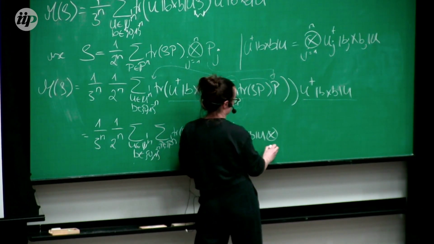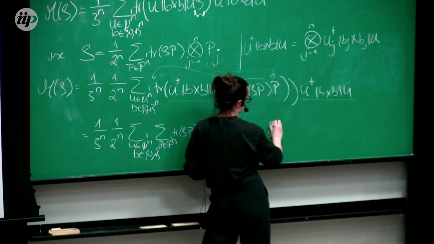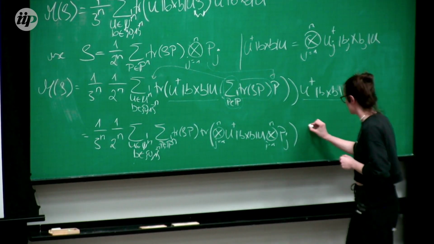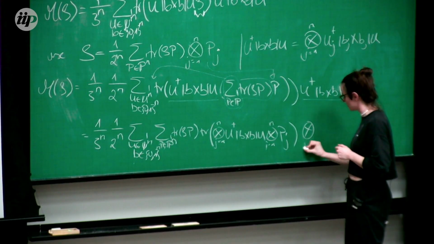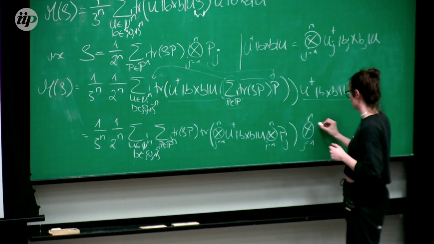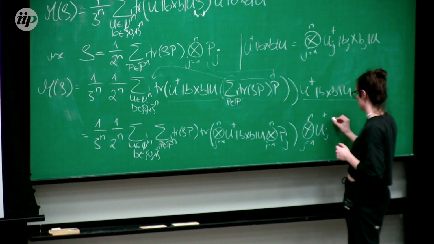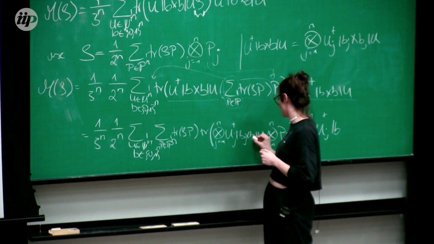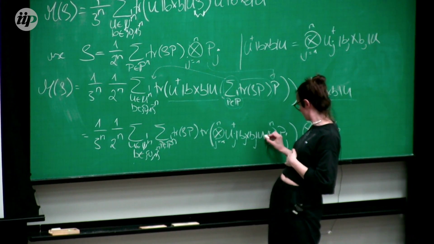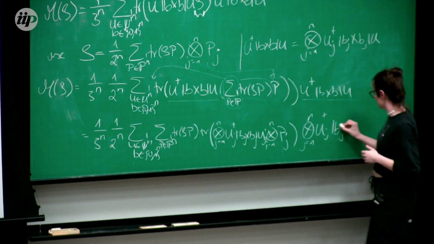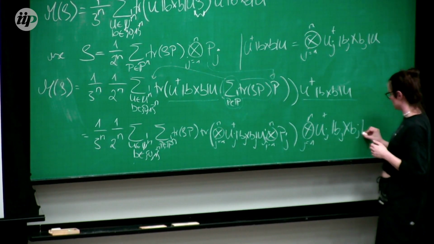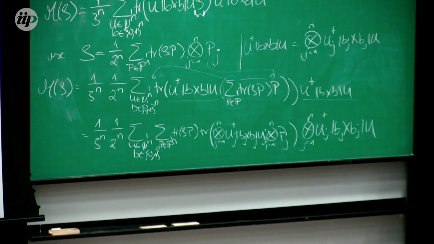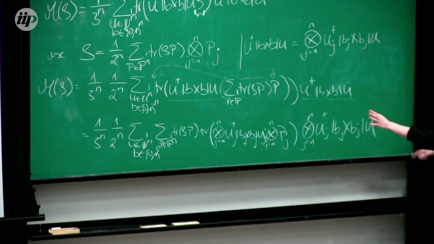So this is actually tensor of P_j, closing, and now here too, tensor product of the projectors |b_j><b_j|, U_j. I forgot the j's. Nobody's saying anything. A lot of j's flying around.